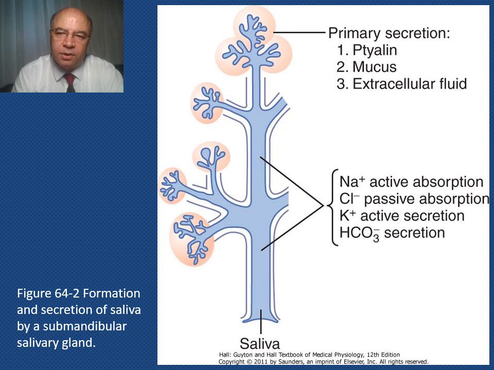This enzyme digests carbohydrates, and then it has mucus and extracellular fluid. When secretion travels to the channel, as you see, sodium is going to be absorbed with chloride, whereas potassium and bicarbonate are secreted into the channel.